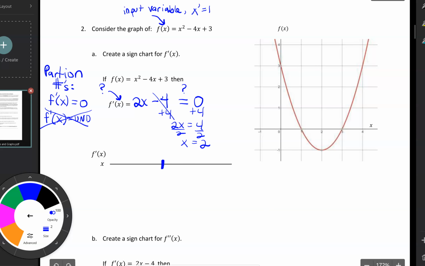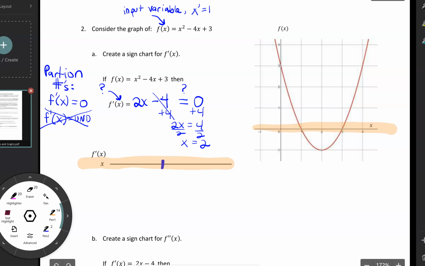So the way the sign chart works is this is your x-axis. It's this x-axis right here. And my partition is this little line, and that's happening when x is a 2. And this sign chart is describing derivatives. So above it, I would say if I put a 2 into the derivative, I'm going to get a 0 out.